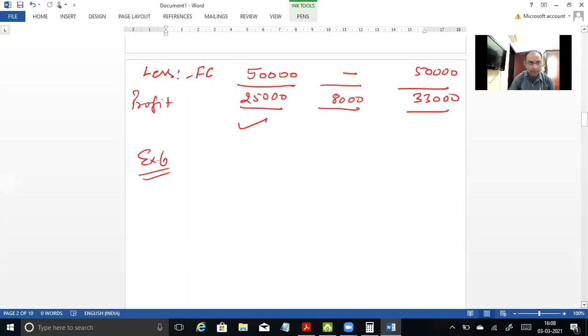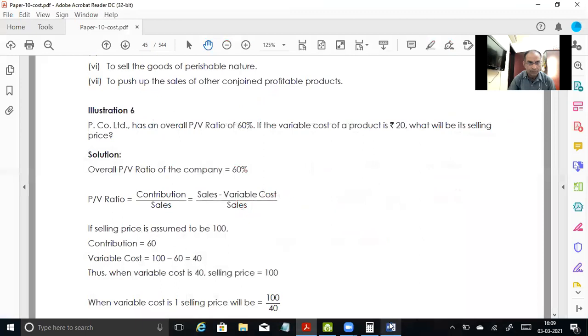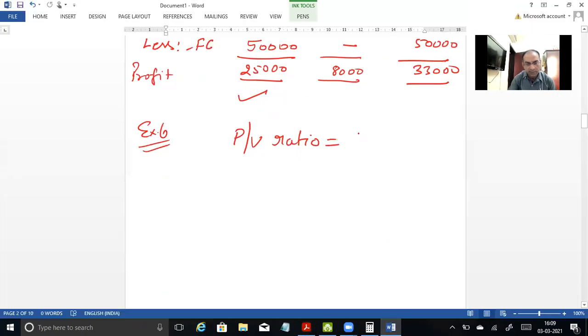They say the PV ratio is given to you as 60%, and your variable cost is given to you as rupees 20 per unit. Now they are asking you what the selling price is.